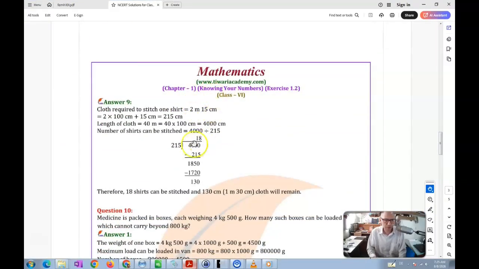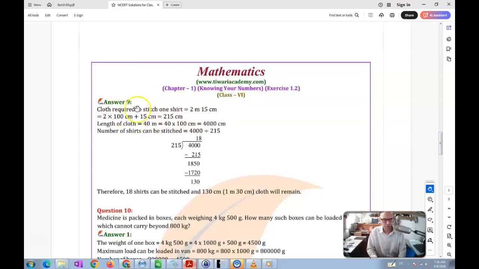The cloth required to stitch one shirt is 2 meters 15 centimeters, which is 2 times 100 centimeters plus 15 centimeters, essentially 215 centimeters. So they have converted everything to centimeters, and the length of the cloth is again in centimeters. As I mentioned before, you need to bring everything into one unit. Okay.